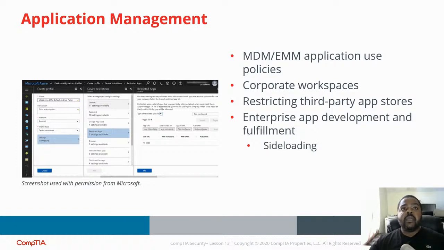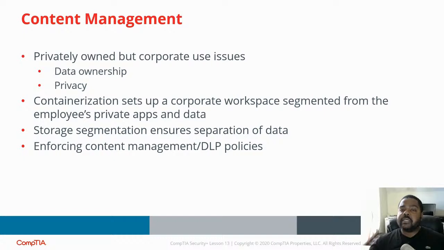So we want to make sure that we lay a baseline, and then we let our users know, hey, you can put bank applications on your phone, but we're going to refrain from using any kind of social media applications on our phones. And the reason why we want to do that, especially for that scenario of not letting someone use social media applications on their phone, is because it comes down to content management, right?